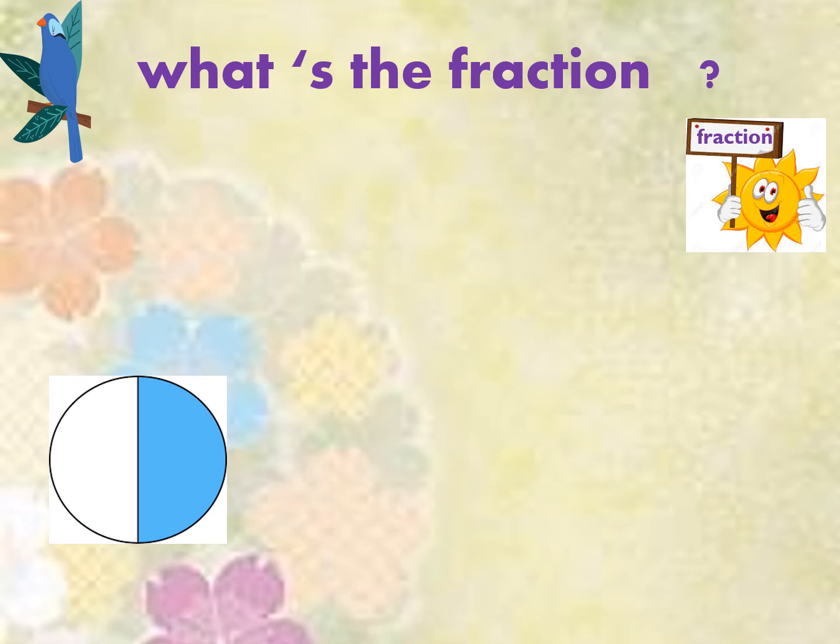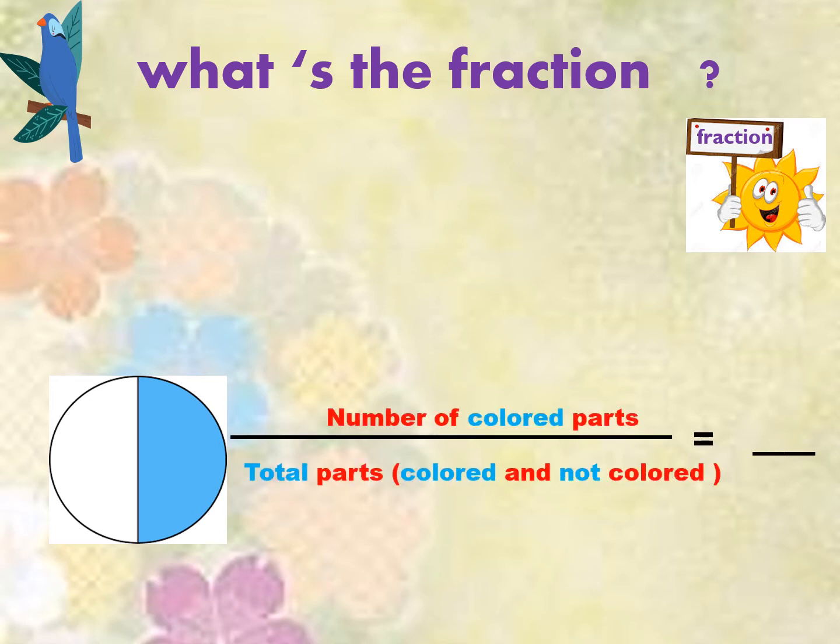In the fraction, I have a definition: the number of the colored parts on top, then a dash, then the total parts, colored and not colored, at the bottom. Again, the number of the colored parts on top, then a dash, this dash by the way is called the fraction bar, and at the bottom the total parts, colored and not colored.